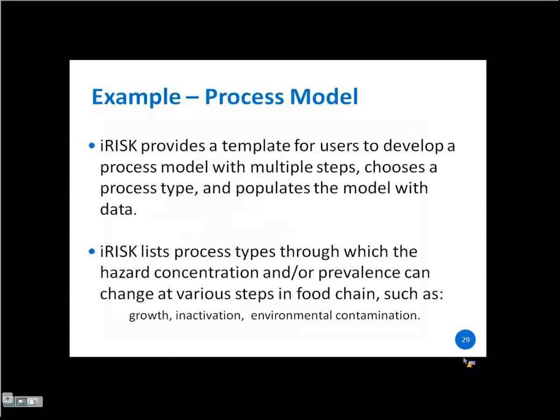There are a number of process types that are built in to describe changes to the pathogen that can occur in production, processing, handling steps, where the contamination can change by growth, inactivation, environmental contamination, and so on. Because of the process model and the built-in templates for process types, iRISK provides a capacity to investigate the efficacy of different interventions and control measures across farm to table on the overall risk to the population, at least on a preliminary basis.